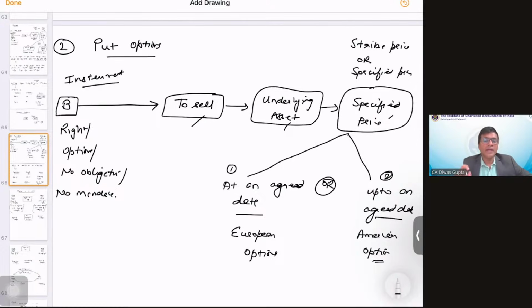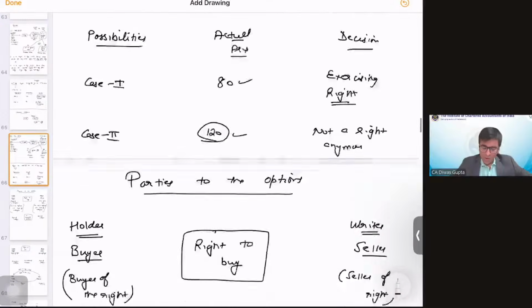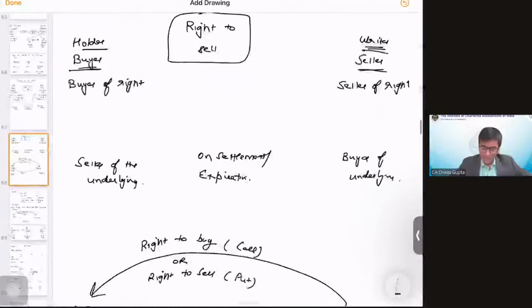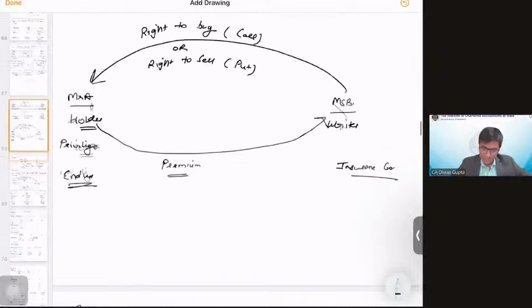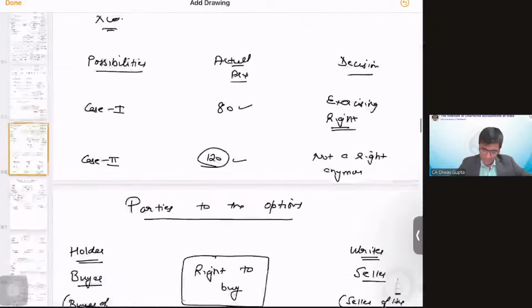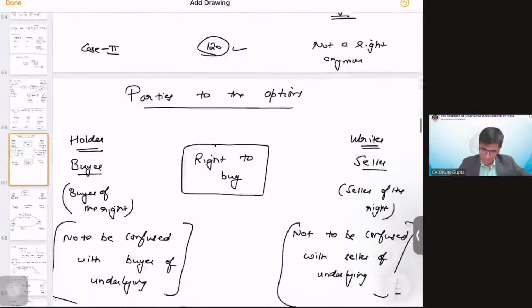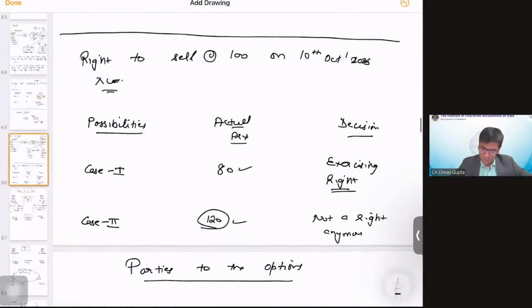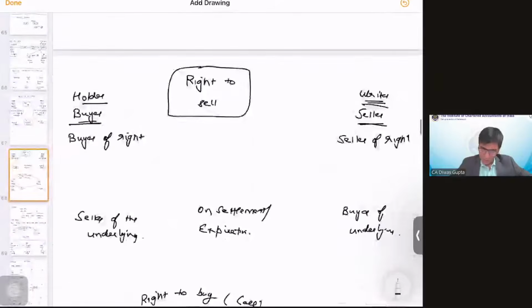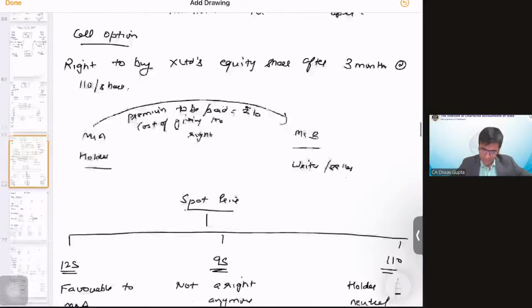If the underlying value of the equity share is higher than the strike price in case of a call option, that means the call option is in the money, right? We discussed that. So this was case 1, case 2, case 3. Let me just go to in the money, out of the money.